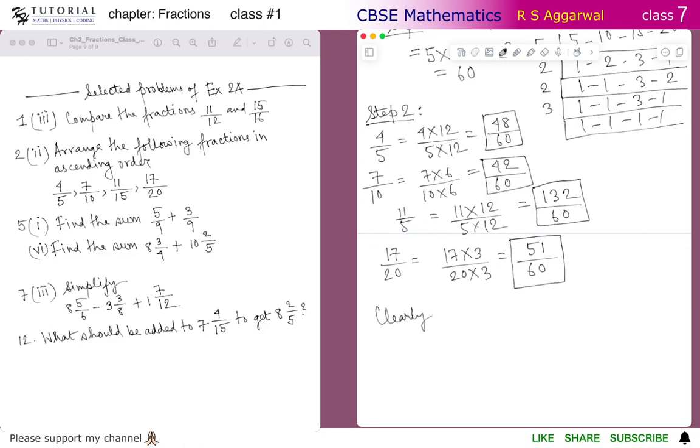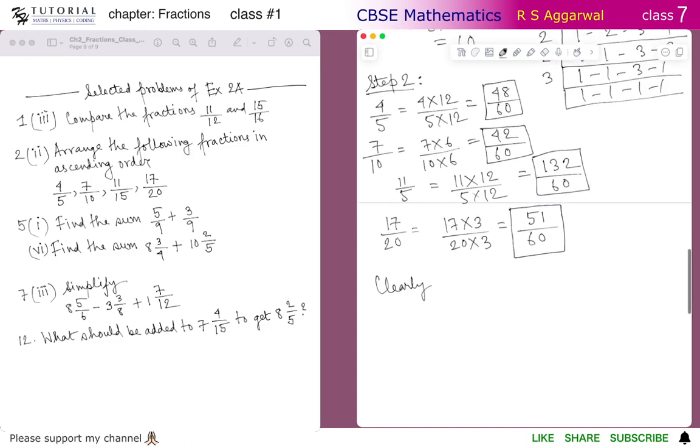if we arrange the equivalent fractions in the ascending order, we get, sorry, first will be the lowest one, the least one. 42 by 60 is less than 48 by 60 is less than 51 by 60 is less than 132 by 60.